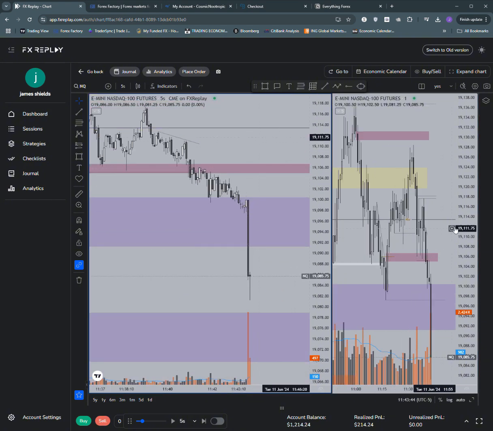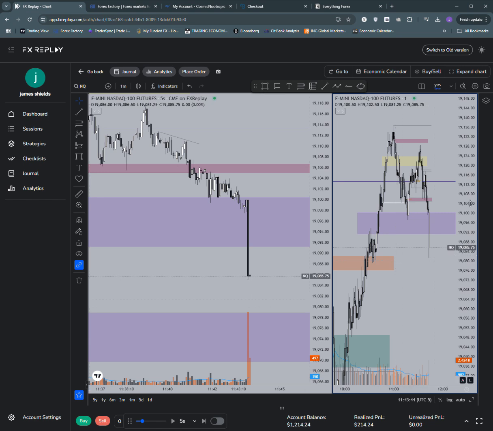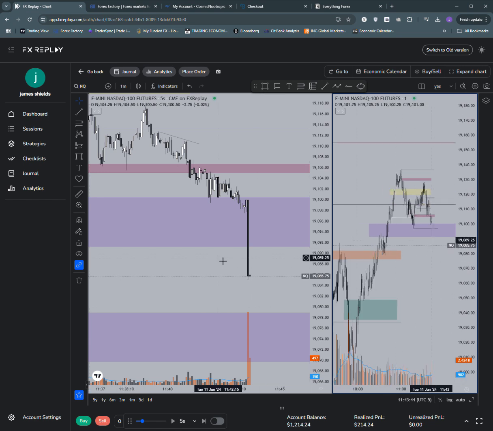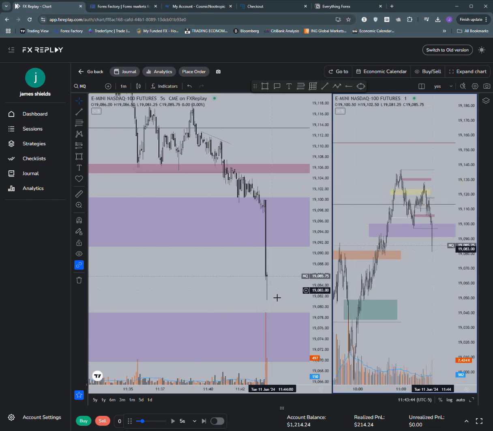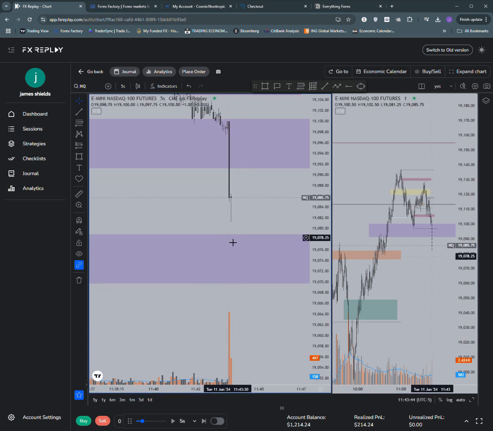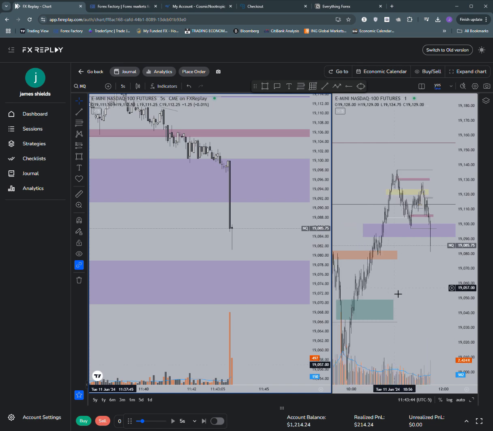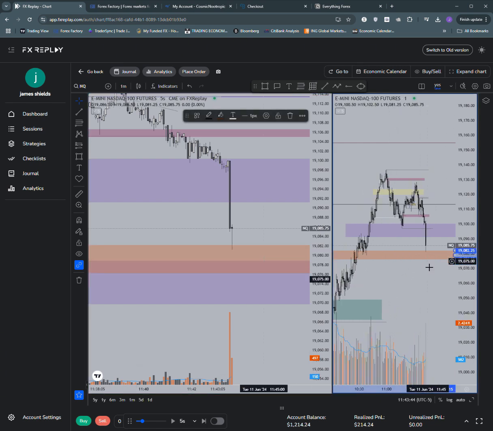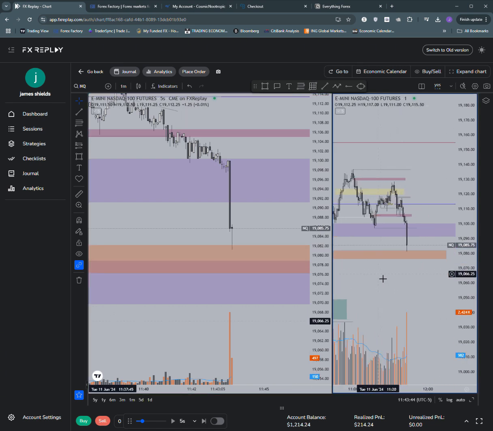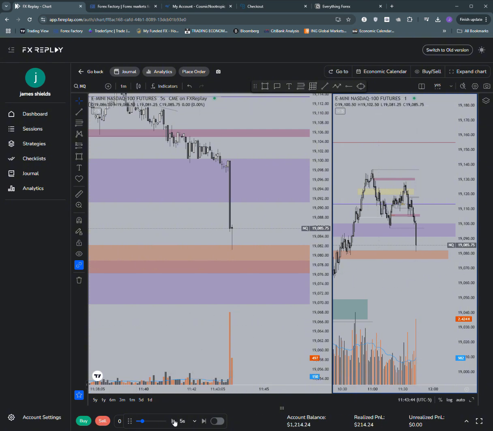Look at that displacement. Let's see what it does at this fair value gap right here. We're also at a 1 hour fair value gap. That's something to know.